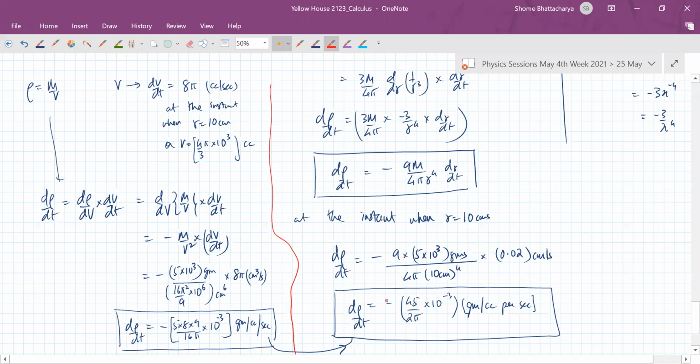So from the answer we get in kilogram per centimeter cube, from there we can directly convert it, right? Yes, we can do that also.